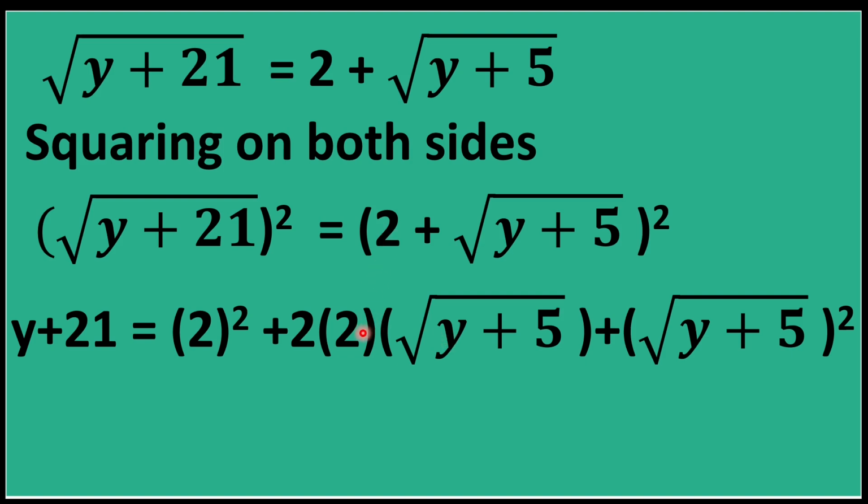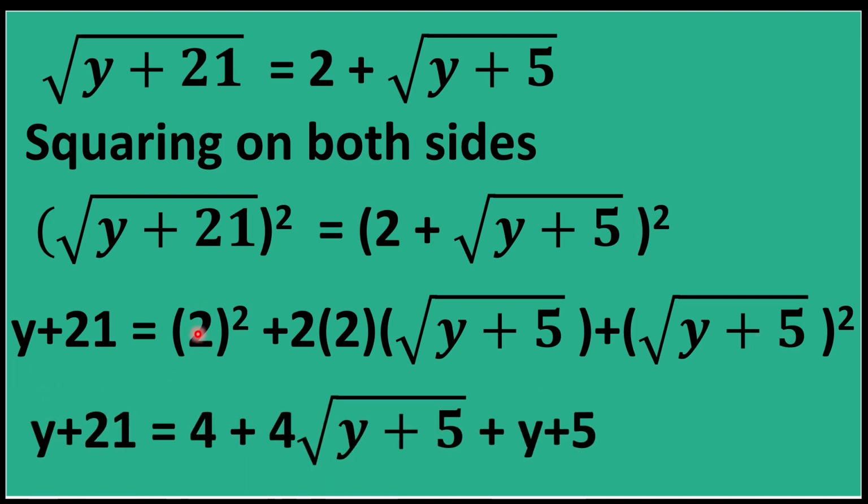So a is 2 and we have b as the square root of y plus 5, so 2ab plus b squared. Now this equation will become y plus 21, and this 2 squared equal to 4, and 2 times 2 equal to 4, times square root of y plus 5, plus this square will cancel this square root, so this will become y plus 5.